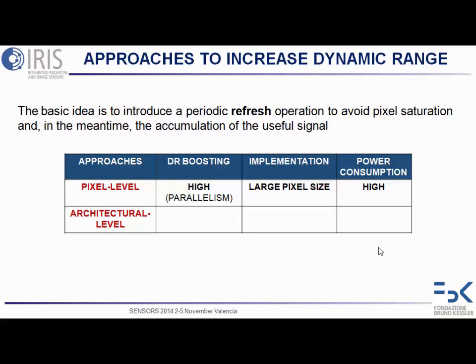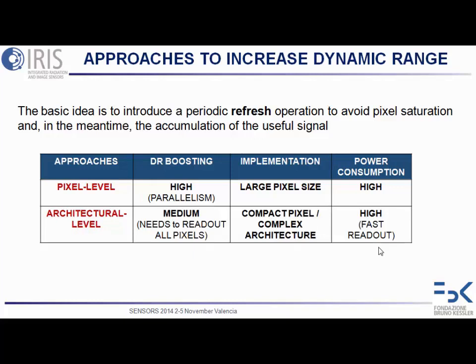The other solution, which is really interesting, is an architectural level approach, where part of the electronics is implemented into the pixel, and part of the logic is implemented outside the focal plane.